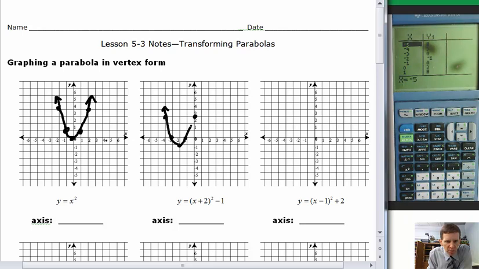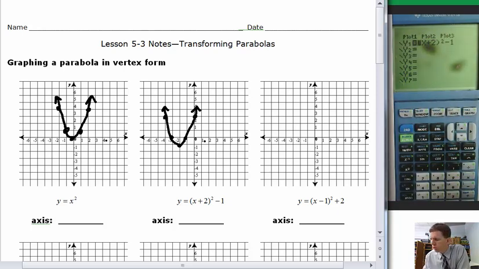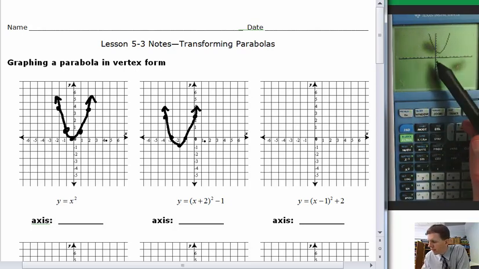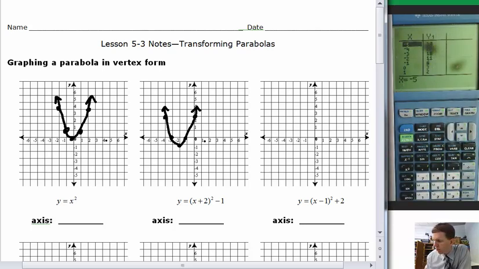We have another parabola that does something like this. Our third graph has y equals x minus 1 squared plus 2, so I'm going to change the parentheses to a -1 squared, and on the outside to a plus 2. We're going to graph this function. It appears that our graph has been moved right and up. It looks like this vertex is right 1 and up 2. I'm going to go to my table and see some points here.